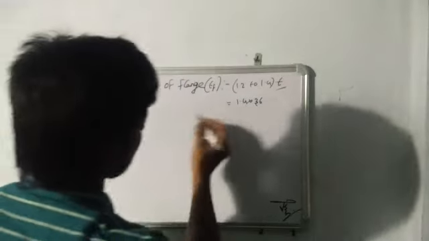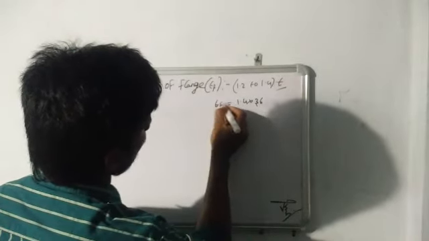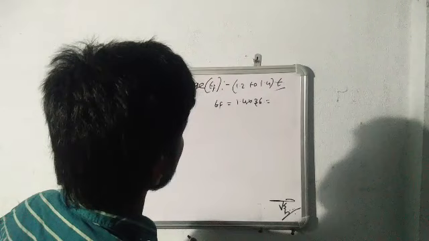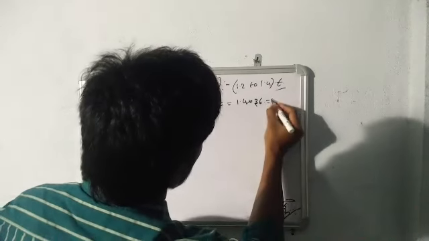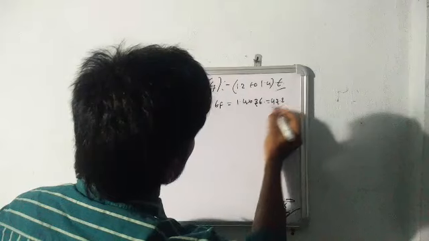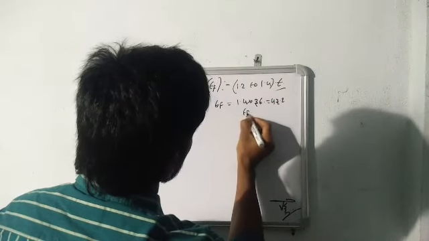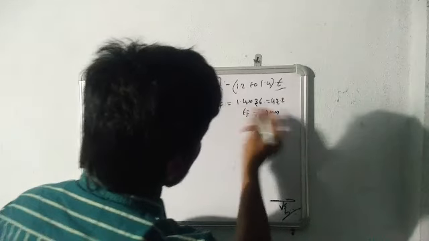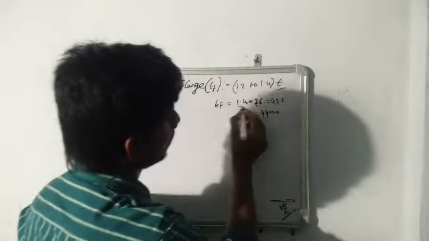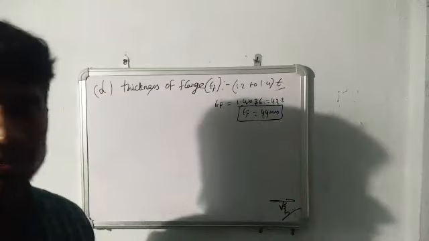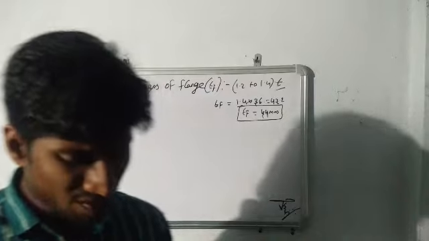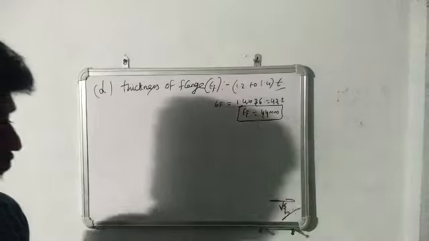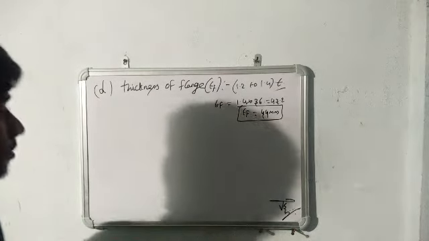By simplifying this, we get Tf as 43.2, rounded off, take the Tf value 44 mm. So this is the thickness of the flange, and next we are going to find out the thickness of the cylinder head. That is the fourth step in the design of engine cylinders.